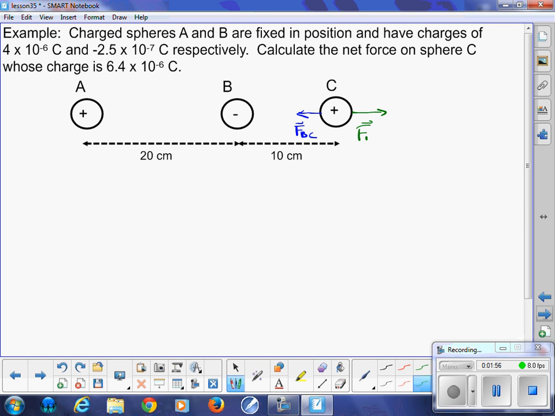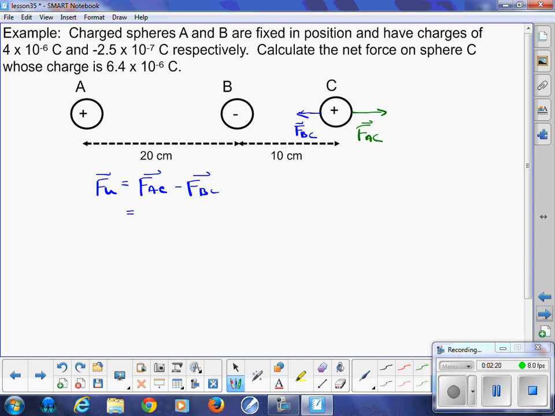And that's because of the forces acting on A and C. So that means our net force, F unbalanced, Fu, will equal force AC minus force BC. Okay, so there we go. We're just finding the resultant force on those two forces that are acting.